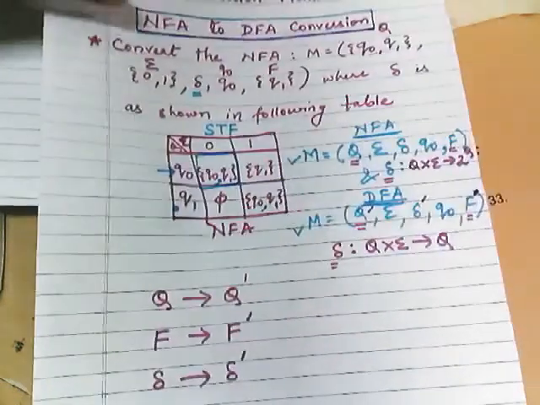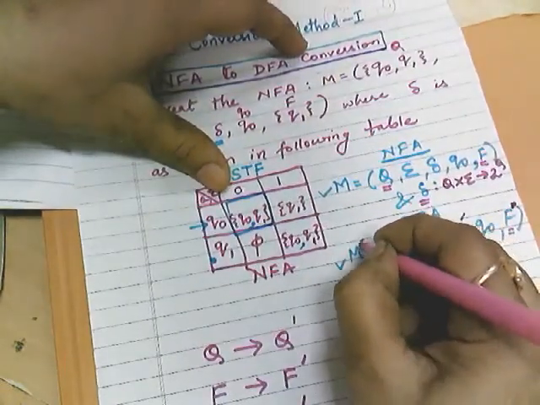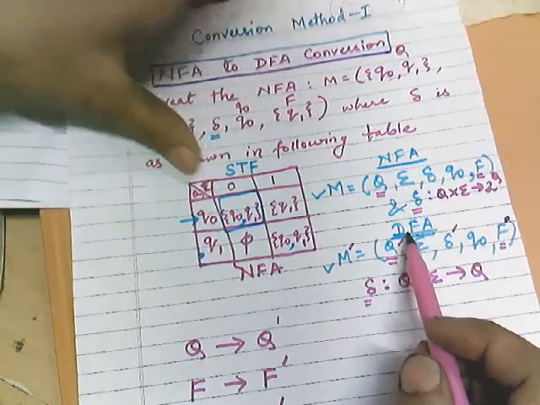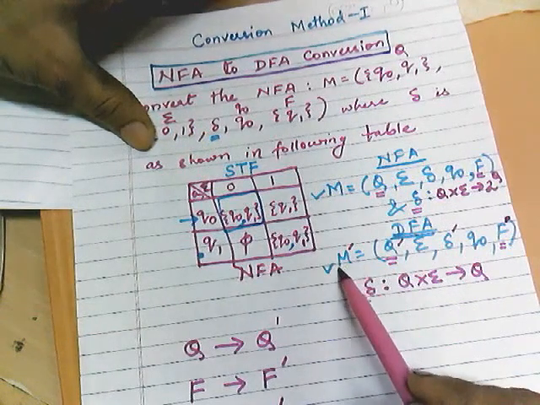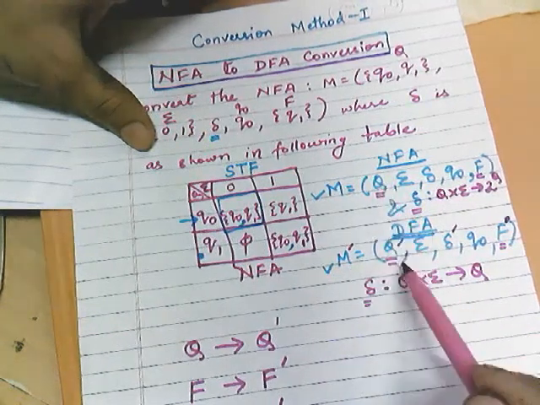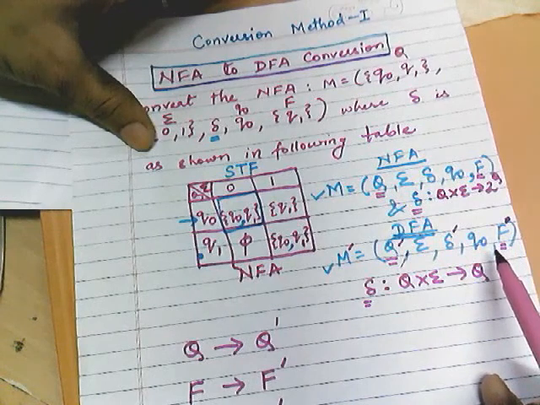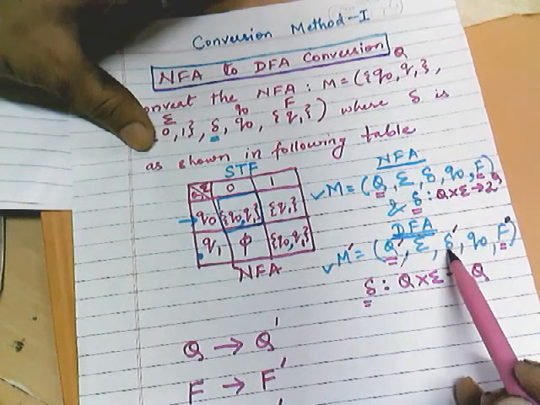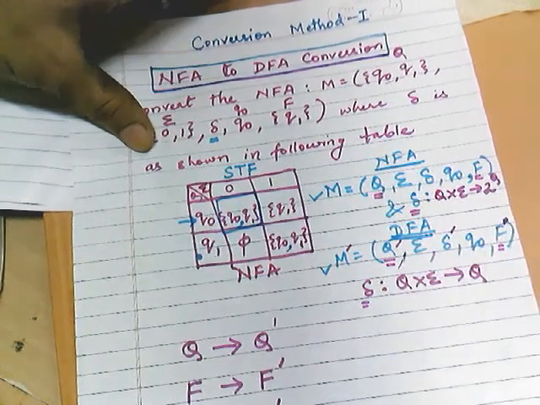Okay, in case of the equivalent DFA, we can say that we are trying to convert a given NFA to a DFA, which is represented by M', where Q', delta' and F' will be representing the set of states, the delta function and the final states of the DFA.